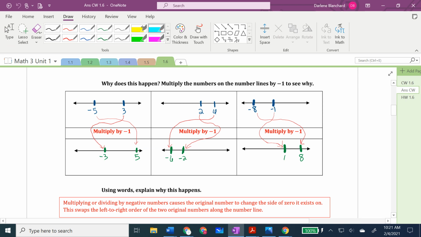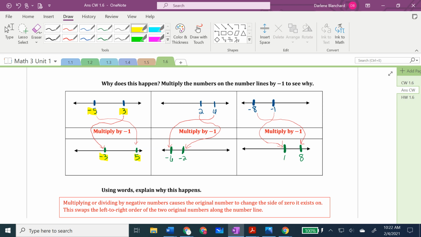If you take a negative number and a positive number correctly positioned on a number line, so the negative is on the left, the positive side is to the right. If you multiply both numbers by -1, do you see that they switch who is to the left and who is on the right?